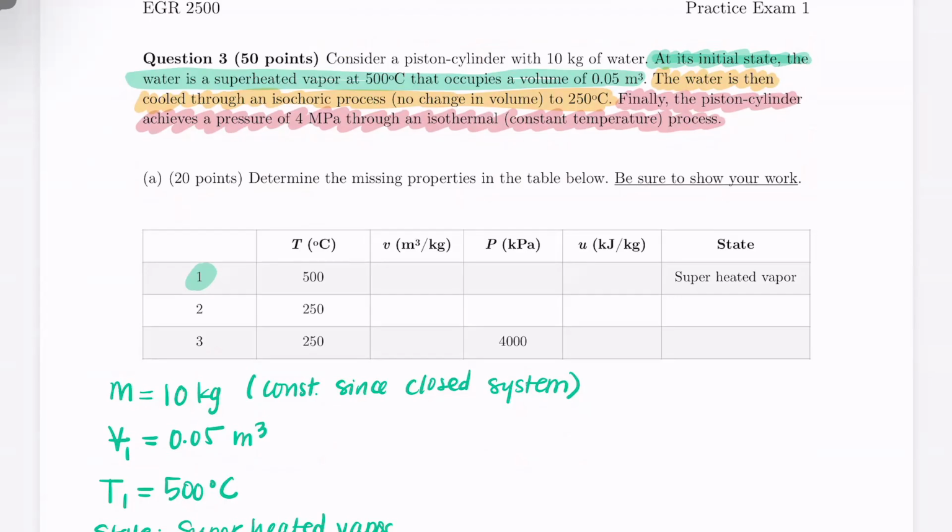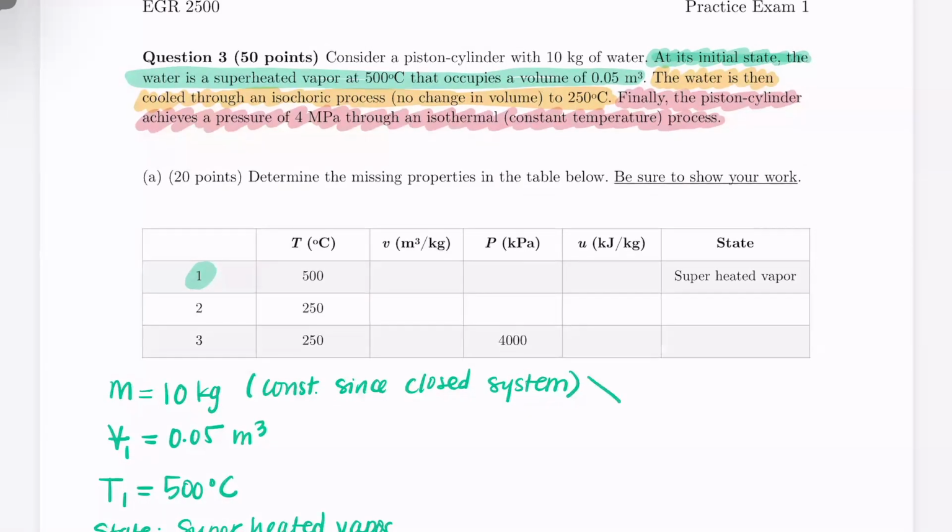Yeah, the specific volume. We can use these 2 pieces of information to find v1 because specific volume is just the volume divided by mass. So we have 0.05 meters cubed over 10 kilograms, which is 0.005 meters cubed per kilogram.